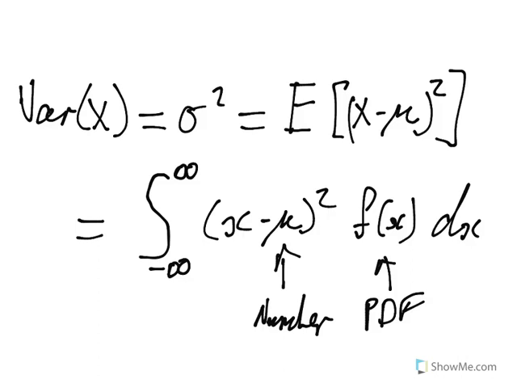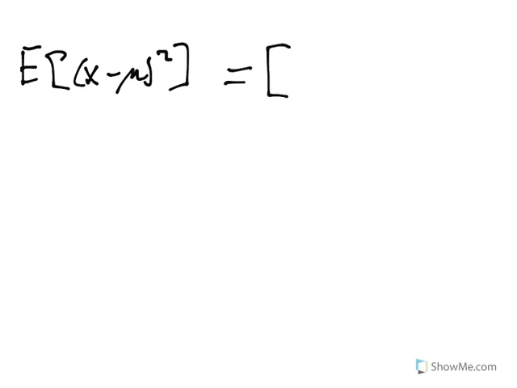Okay, so what else have we got then? Alternatively, of course, the expectation value of x minus the mean squared is also equivalent to the expectation value of x squared minus the mean squared. Again, we've learnt that before from when we did discrete random variables.